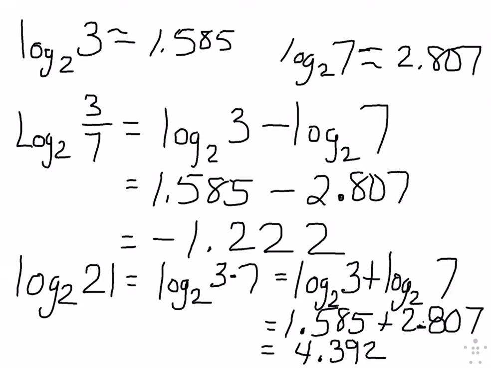What do you think so far? Not too bad. What if I give you something like this? It says log base 2 of 49. Again, remember, you only have the number 3 and the number 7 in order to get 49. Anybody know how I'm going to do that?